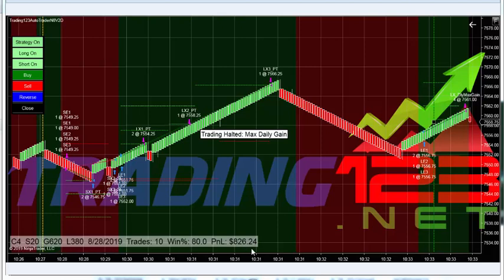Instead of getting 620, I got 826.24 because this was a really quick move, and it got out instead of here. We got some slippage on some news that came out, so I got some additional bonus points, which is always good. So that trade right there lasted a whole 7-8 minutes at the most, and we hit our profit goal.